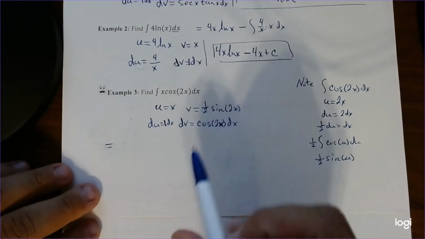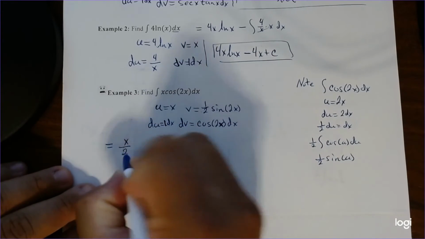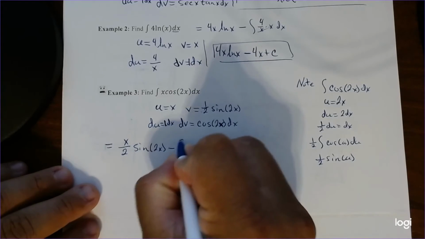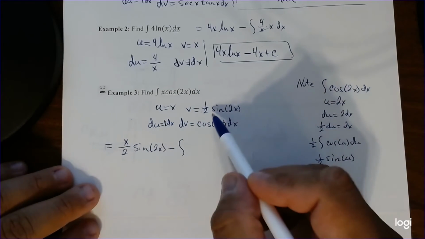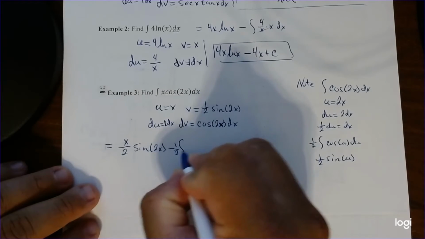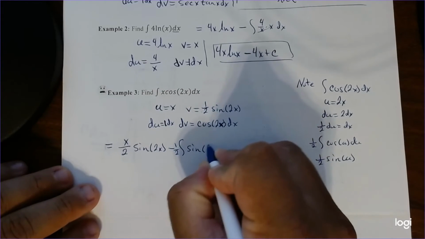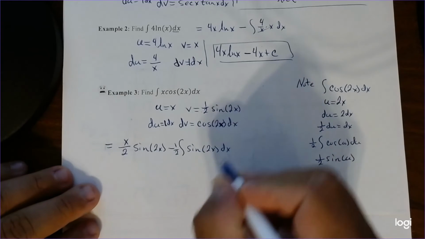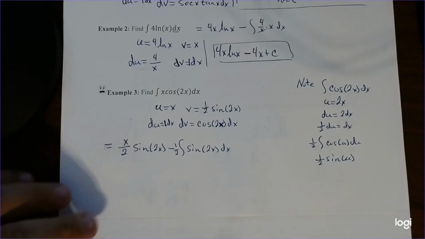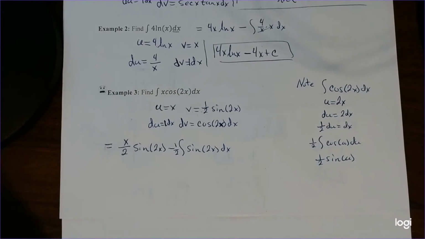So this times that, it's going to be x over 2 sine of 2x minus the integral of v du. So this times 1 is just itself, so I'll just bring the 1/2 on the outside. And now notice we have the same situation again.